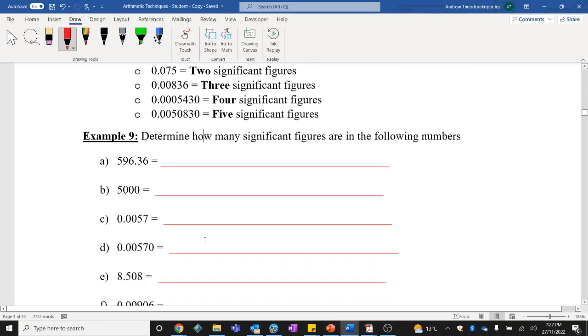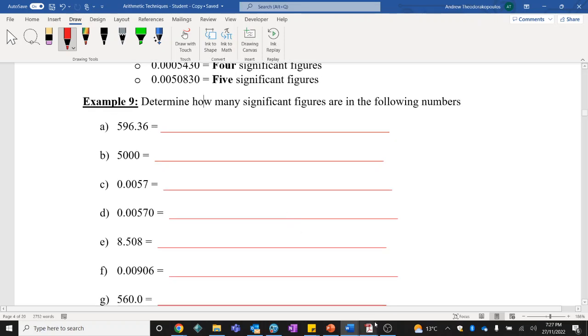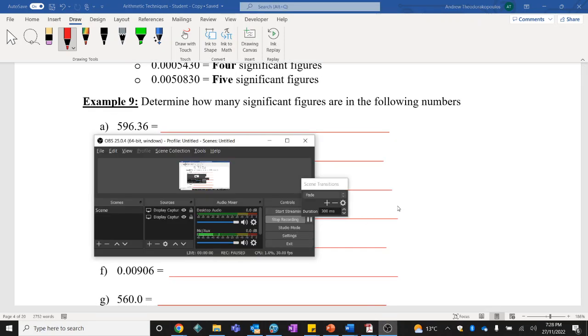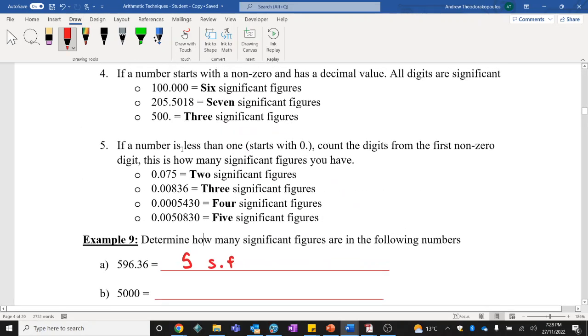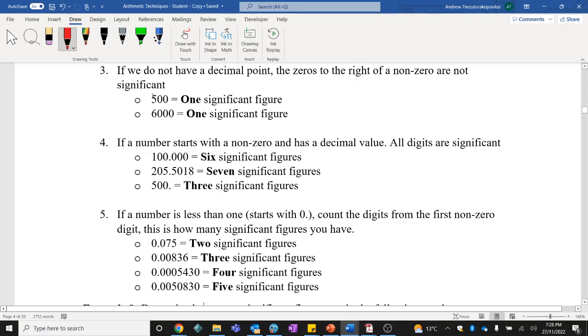So let's use some of the rules to determine how many significant figures we have in the following numbers. Okay, so let's have a look. Here, all these numbers are non-zeros, so we have 5 significant figures. Here, this is basically the same as the rule up here. If we do not have a decimal point, our first number is significant and the rest of the zeros are not.